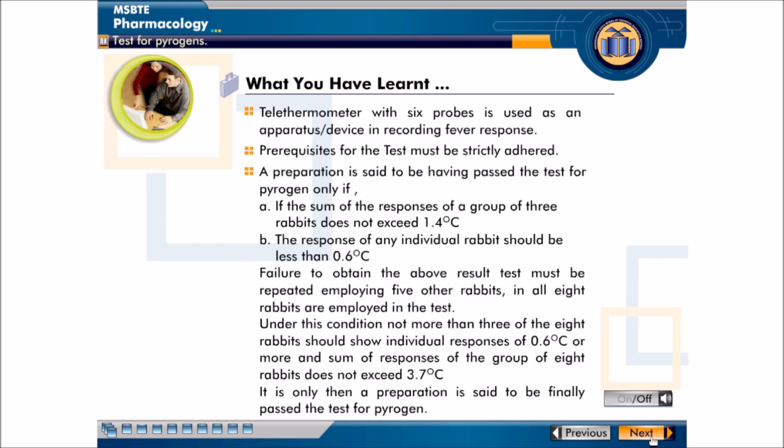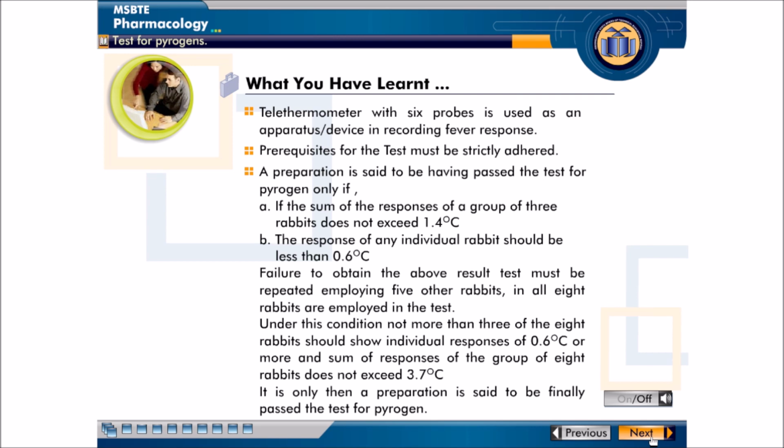You have learned that telethermometer with 6 probes is used as an apparatus or device in recording fever response. Prerequisites for the test must be strictly adhered to.